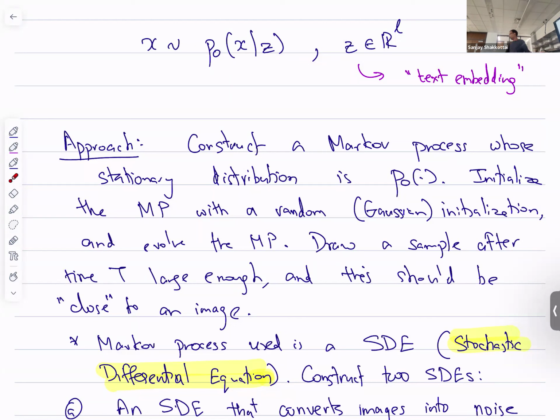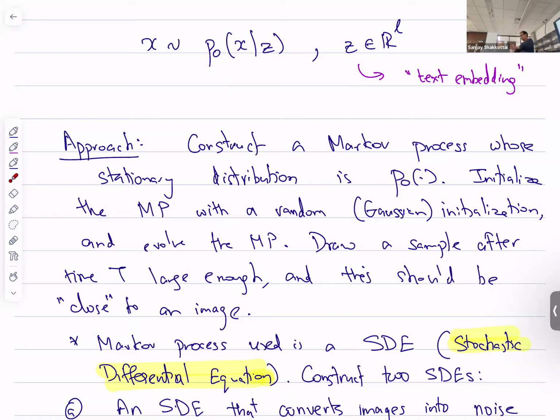And the Markov processes we are going to use here are stochastic differential equations. In particular, we are going to do 2 different things. First, we are going to construct a stochastic differential equation whose initial condition is a sample of an image from distribution P0.